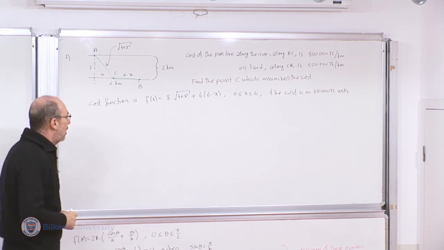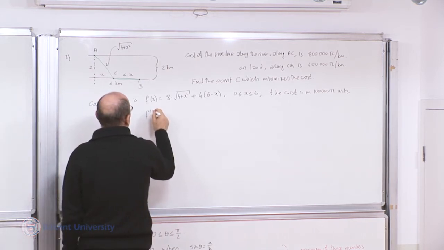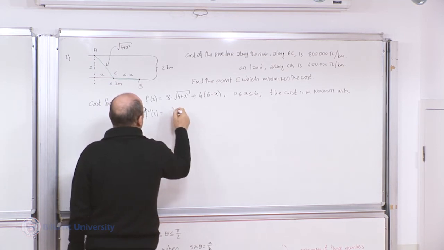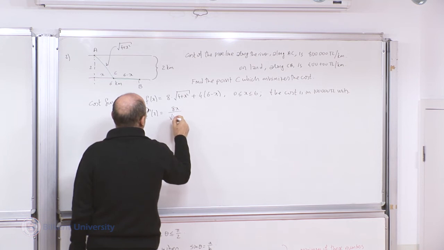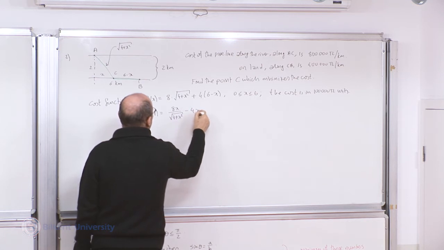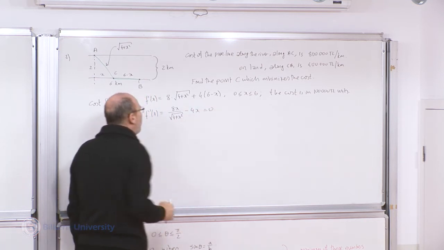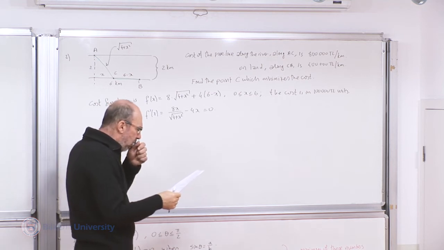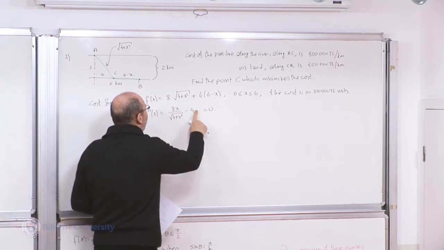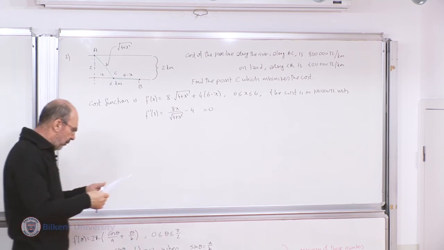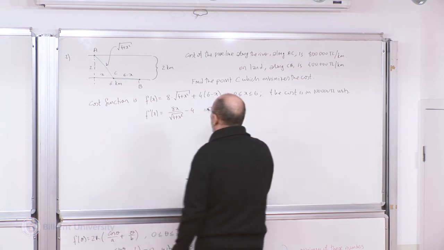So we take the derivative. The derivative is f prime of x equals 8x over the square root of 4 plus x squared, minus 4, equal to 0. I equate that to 0 and solve this. It's easy.